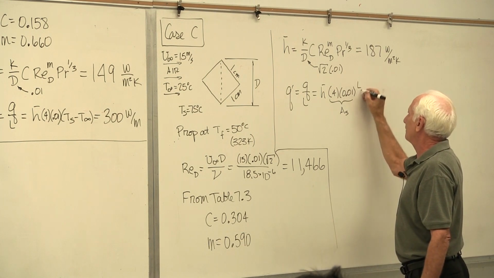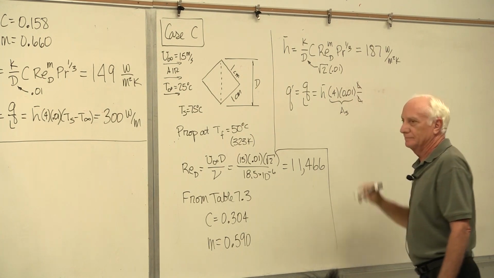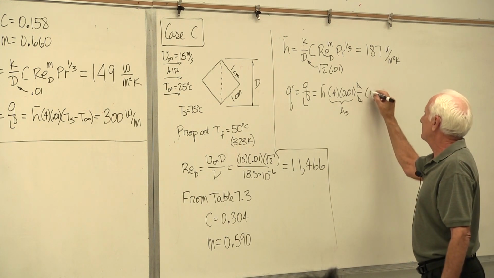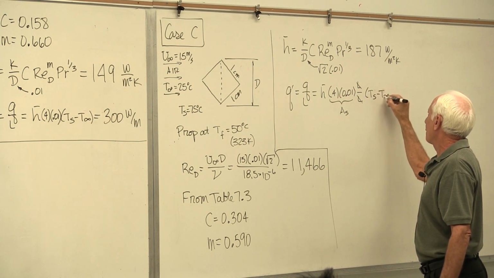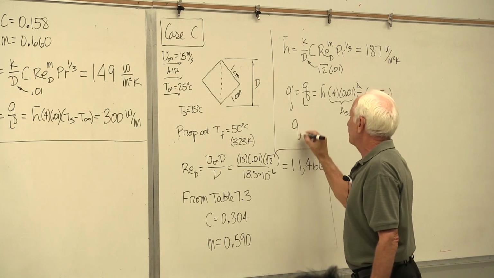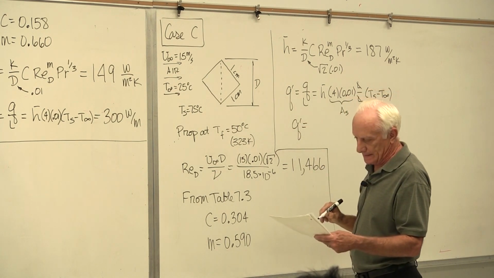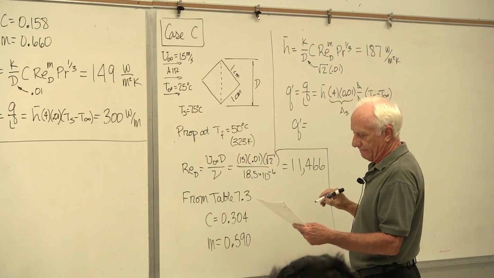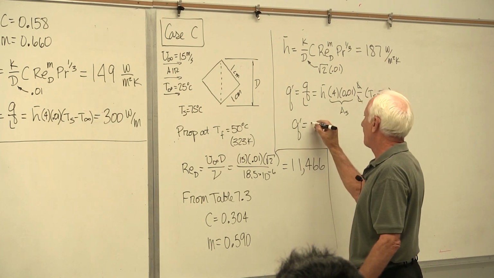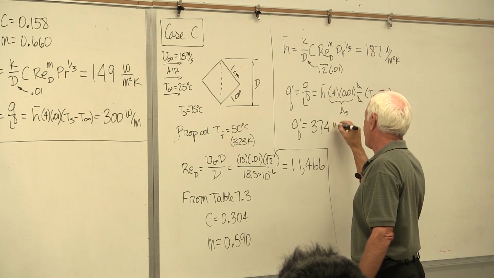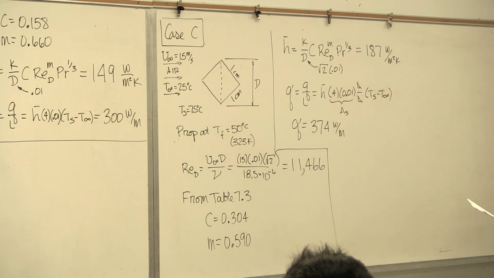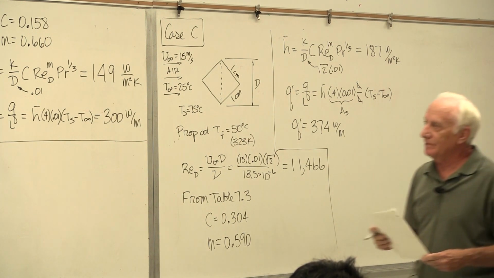Multiply by L, divide by L, times Ts minus T infinity. Q prime, 374. Okay, 374.